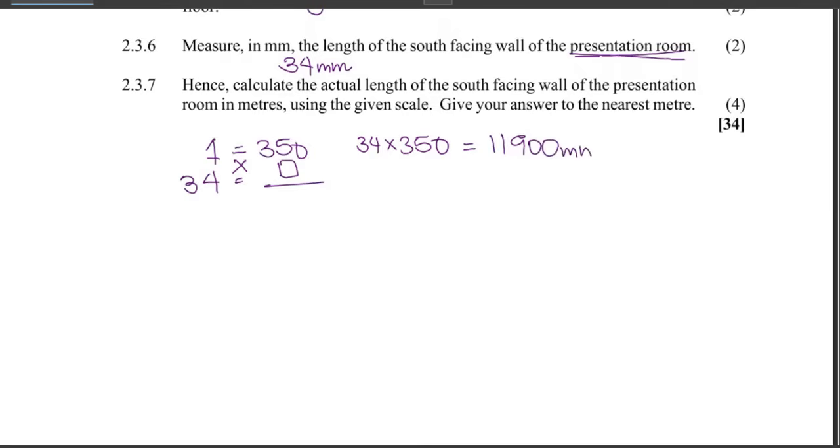Mind you, these are millimeters. They want the actual length in meters. So now we change this to meters. What do we do? We divide by 1,000. And the answer became 11,9. Don't forget the units. These are meters.